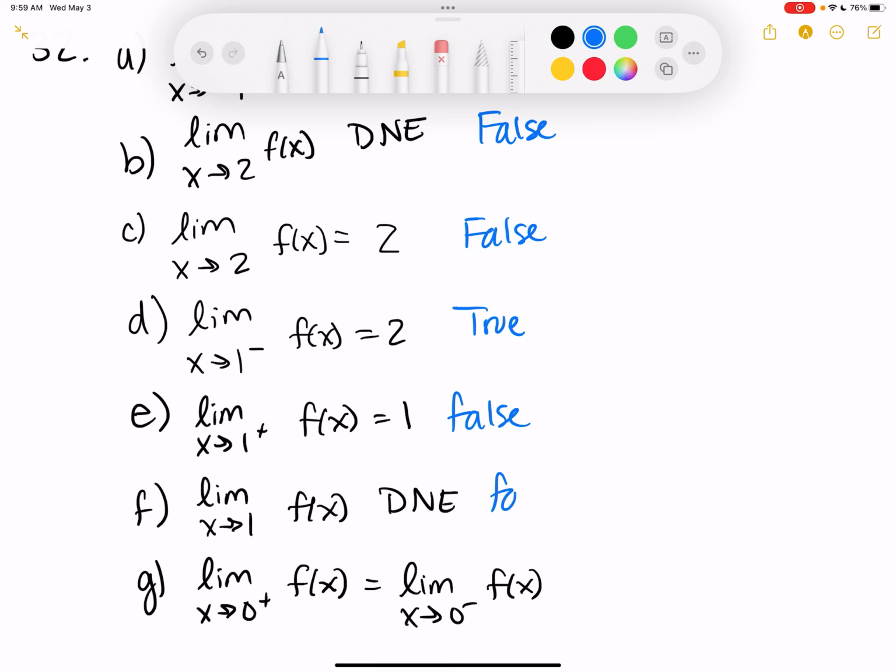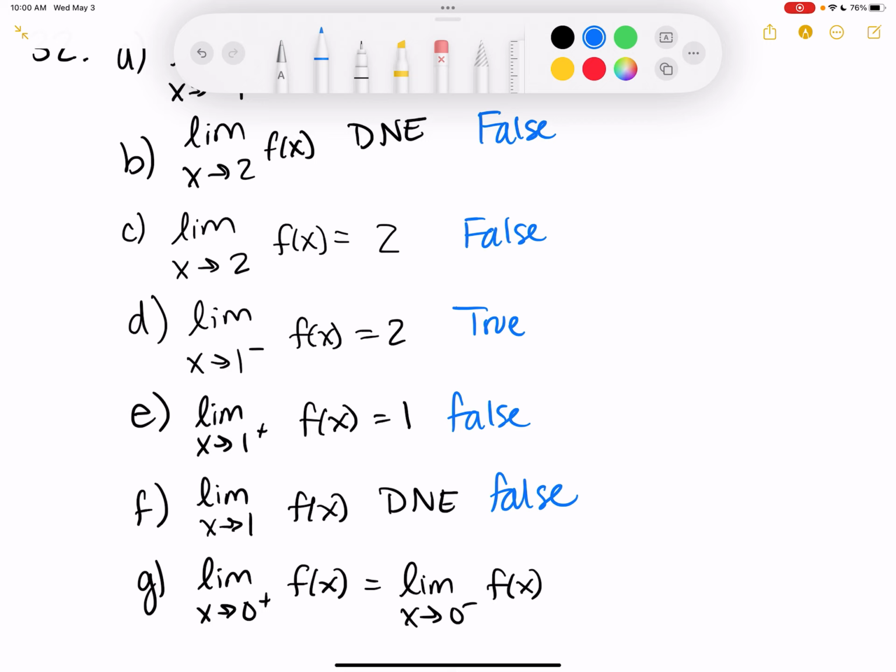All right, the last one. 0 from the right. Letter G. It's false.